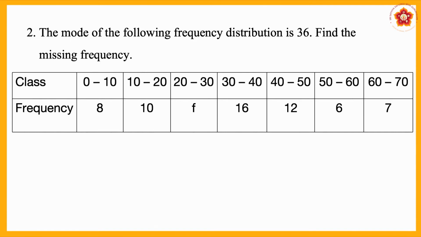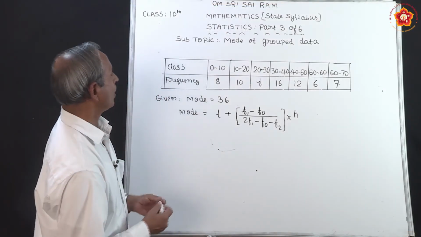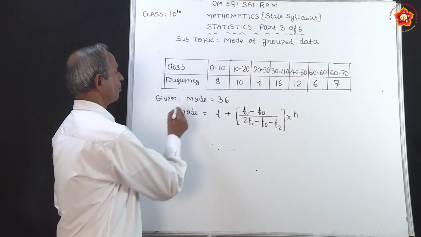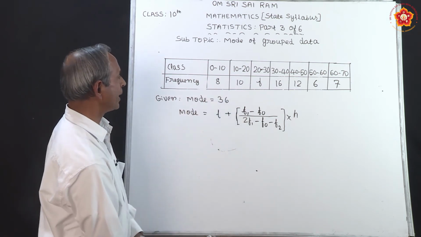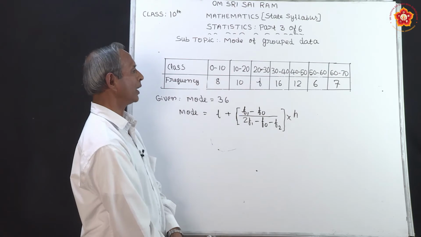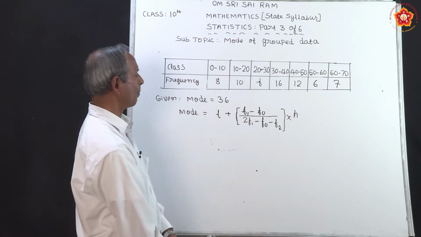Now, let us see how to find the frequency. In this given problem, the mode is already given as 36. We have to find F1, F0, F2 and H in this problem.